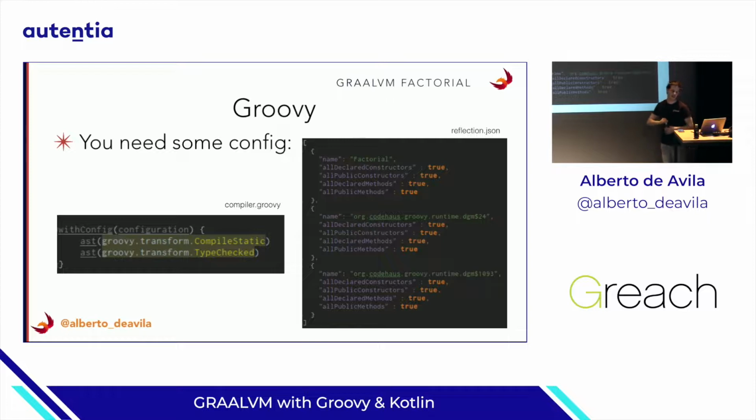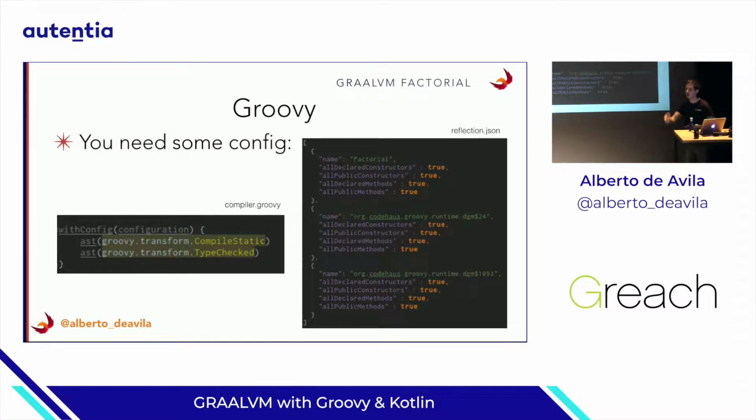The reflect.json contains some information about all the meta methods needed to execute the Groovy code. I don't know if you can see, but here we have a very, very strange name, like Groovy runtime DMH, I don't know, 193. These are meta methods that my Groovy file uses, and I don't know what this number is, but we need to put it in this file to make it work.